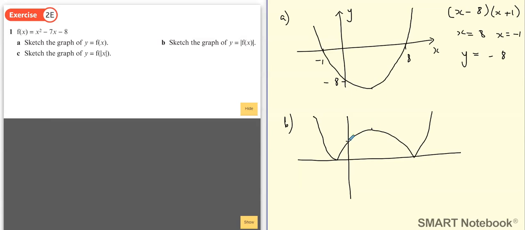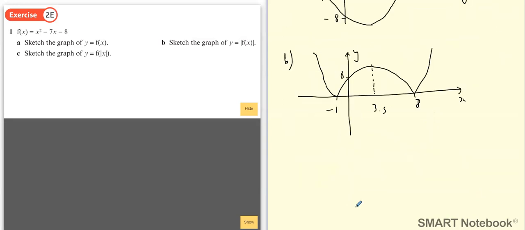So this point here is 8. This is still 8. This is minus 1. And I think this was okay. If I just call that 3.5, this is still 3.5.